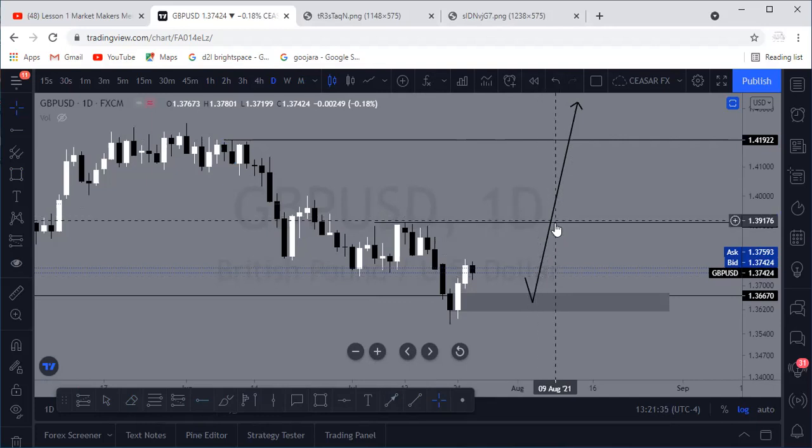Meaning you must move your stop loss. Do not close your positions. Never ever close your position, because you'll never make money in this market if you do that. You must at least move your stop loss from being in the loss into profit, maybe around these zones here.